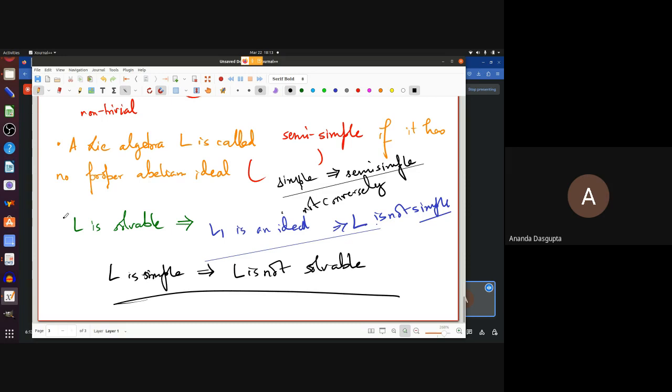And the great thing is, although we do not know all possible solvable Lie algebras till now, nobody has completely classified them, all simple Lie algebras have been fully classified. We know what the possibilities are. All possible simple Lie algebras are known completely.